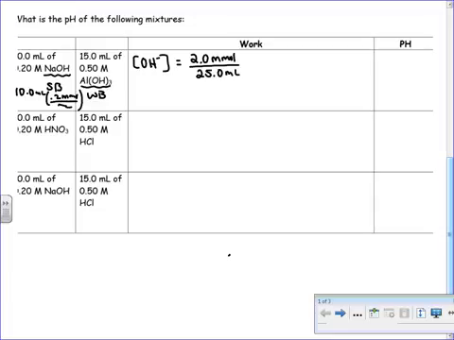Since we know that this is a hydroxide concentration, pH will equal 14 minus the opposite of the logarithm of 2 divided by 25. I dropped off the unit there, but I'm going to keep my significant figures. Those are important. And then you can just chug that out in your calculator using the appropriate keys.